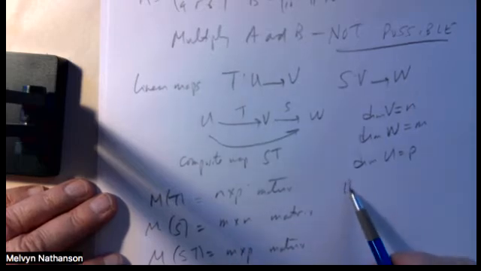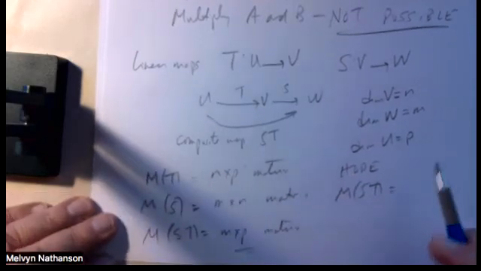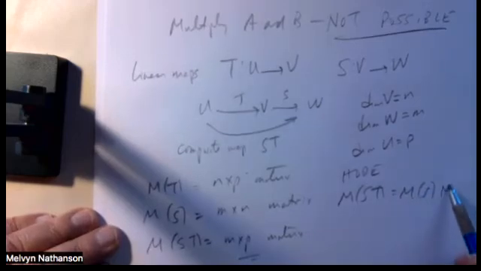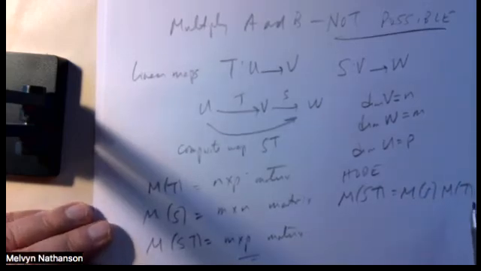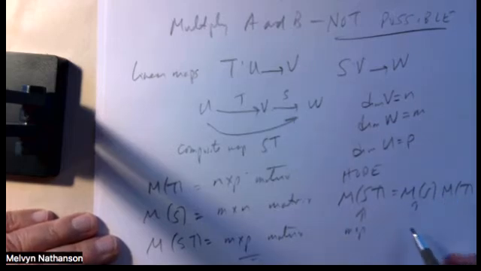And we would hope that the matrix for ST is the product of the matrix for S times the matrix for T. Now this is an M by P matrix. This is an M by N matrix.